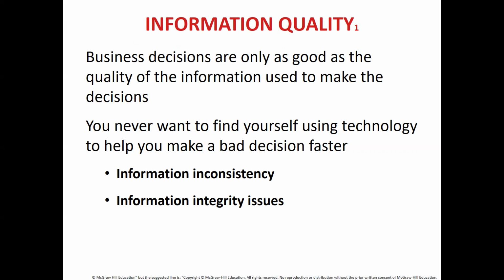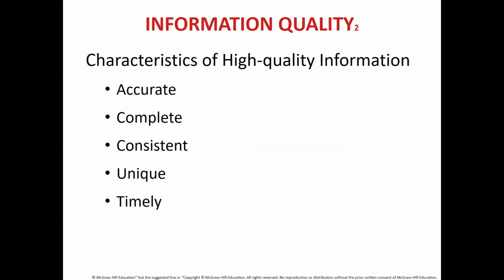Businesses do not want to find themselves making bad decisions faster, and bad decisions result from information inconsistency or information integrity issues. What are information inconsistency and information integrity? We'll have a look at them in the next set of slides.